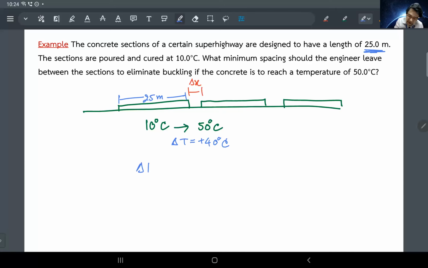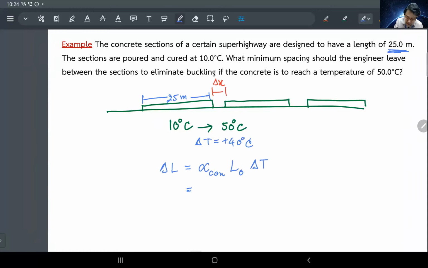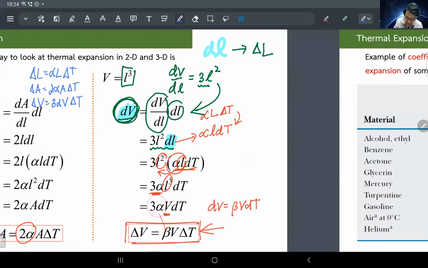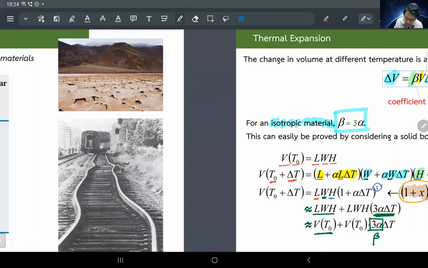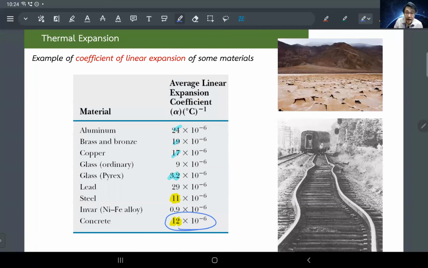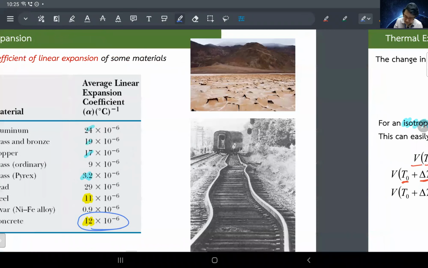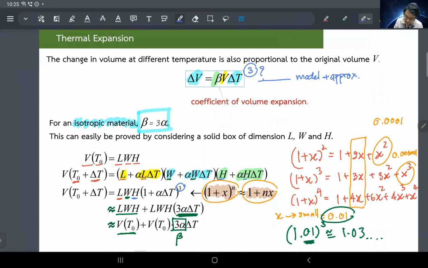Now you can calculate the change of the length to be the alpha of the concrete times the original length times the change of the temperature. So the alpha of the concrete, actually, we had that in the table here. If you can go back and take a look at it right here. So it's 12 times 10 to the negative 6, all right, the alpha for that. So that's what we can do here.